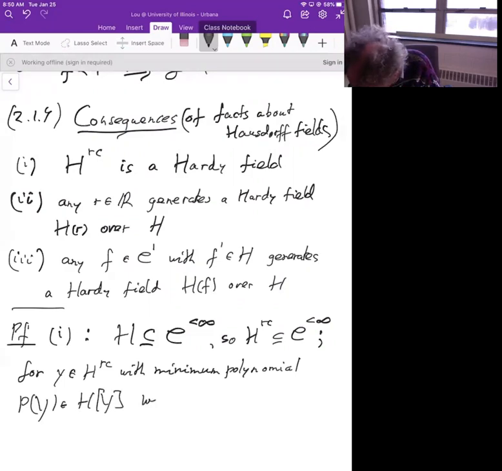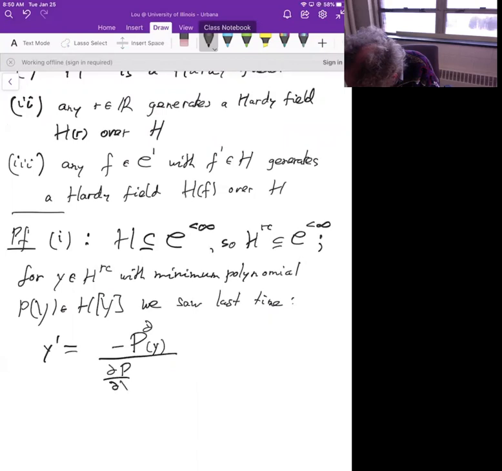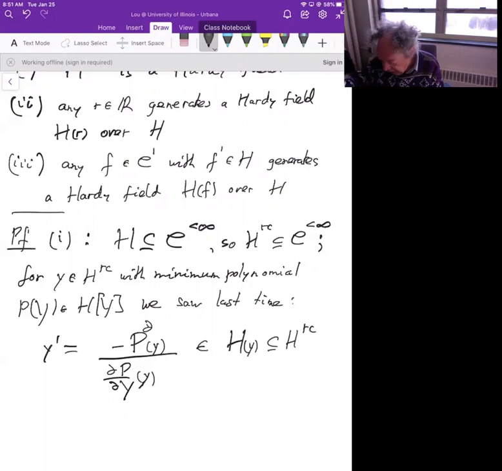We saw last time that Y prime equals minus P^delta(y) divided by the partial derivative of P with respect to Y at y, which is an element of, again, H, the Hausdorff field generated, anyway, this is in H^rc.